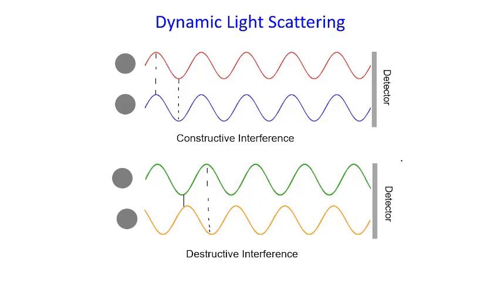So therefore, the intensity which is received at the detector from the particles will form a pattern where the constructive interference will give rise to the bright spots in that pattern, and the destructive interference will give rise to the darker spots.